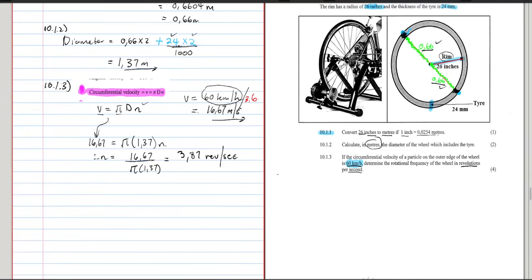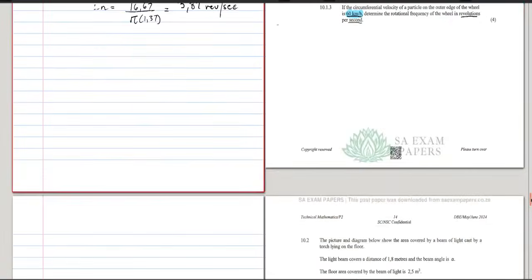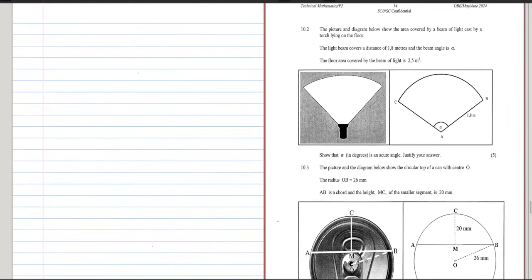Okay, so that's 10.1.3. 10.2, the second part of the question. The picture and the diagram below show the area covered by a light beam cast by a torch lying on the floor. The light beam covers a distance of, and the beam angle is alpha. The area covered by the beam of light is this.